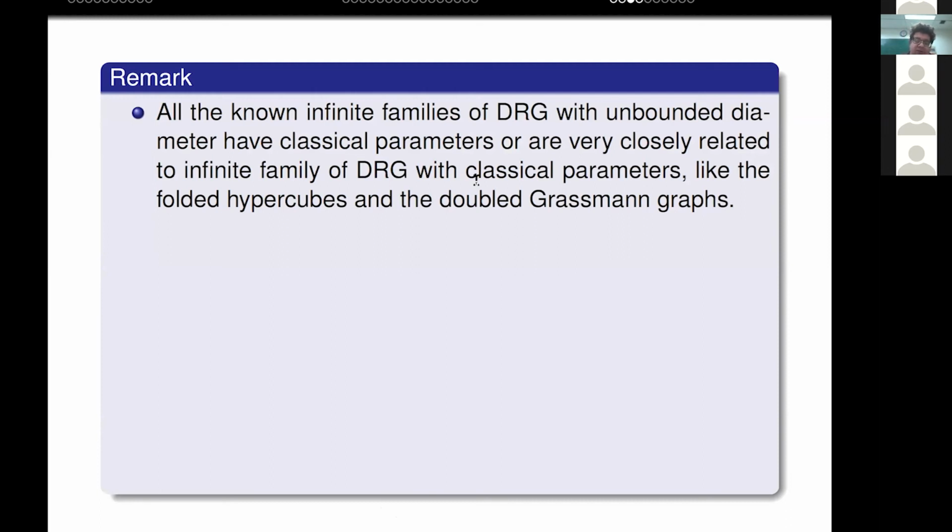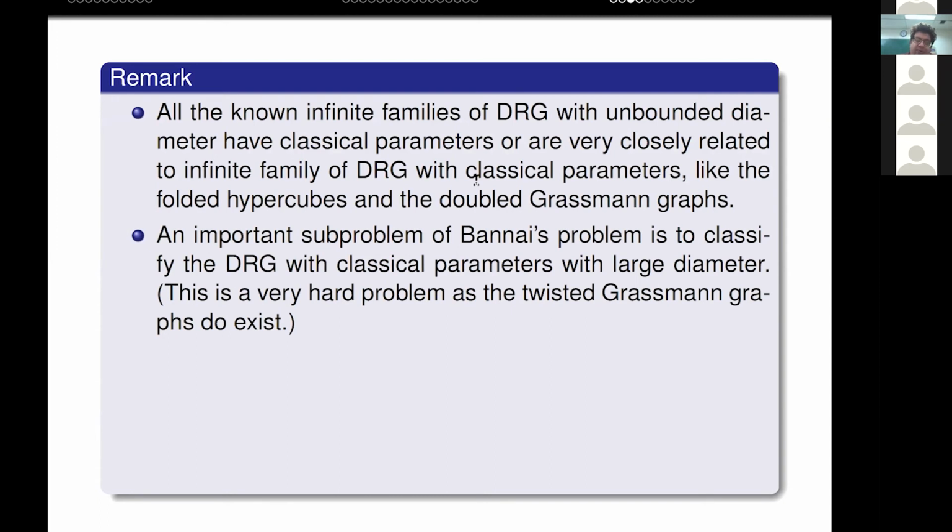It is even conjectured by Brouwer that this is really always the case. An important subproblem of Brouwer's problem is to classify the distance regular graphs with classical parameters with large diameter. And I want to remark that this isn't a very hard problem, as you have to worry about the twisted Grassmann graphs. I don't think that anybody really understands them yet.